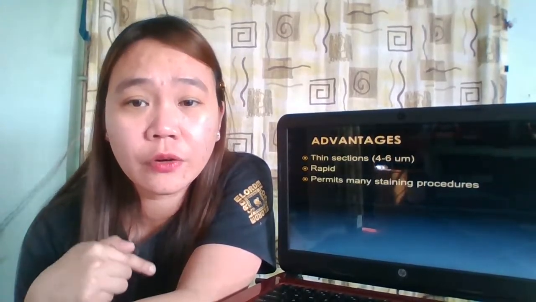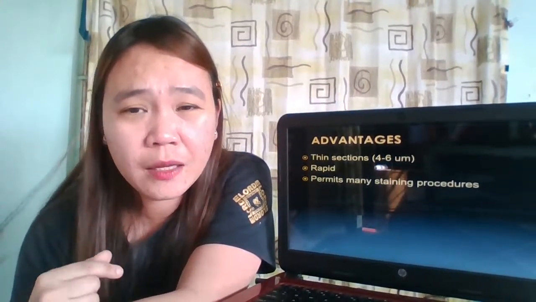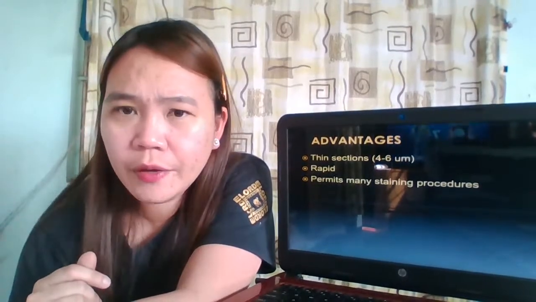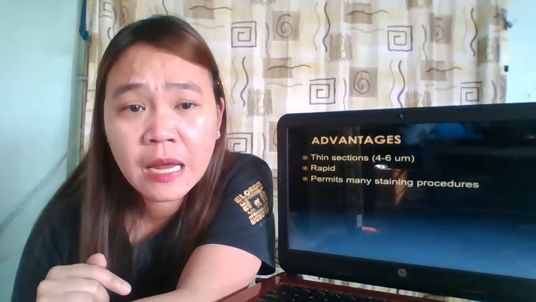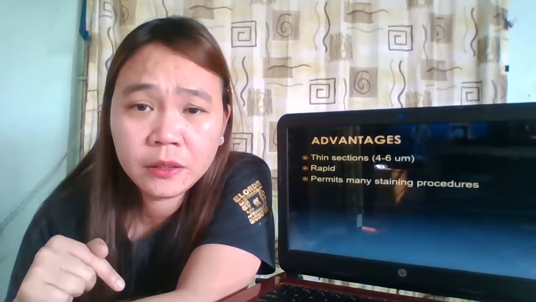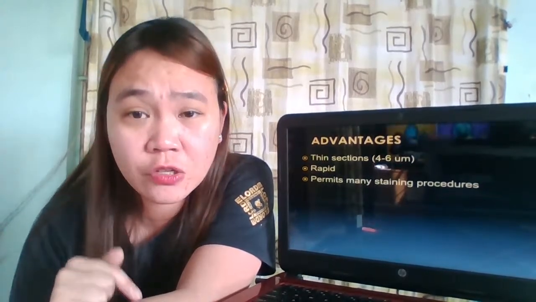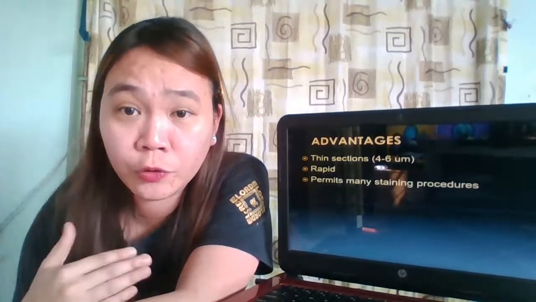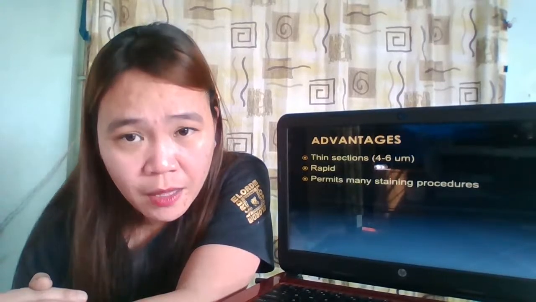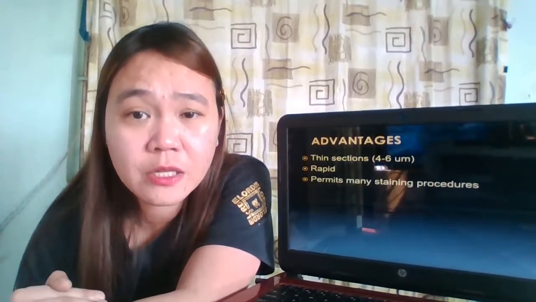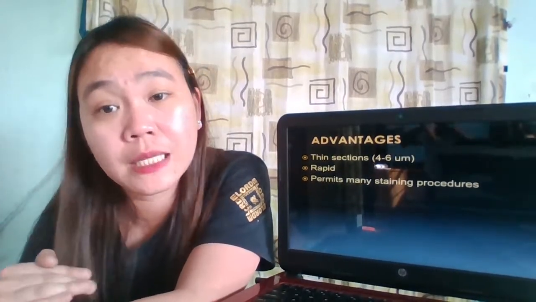This is also the reason why paraffin is routinely used, because it satisfies the required thickness or thinness of the section which you are to produce, which is 4 to 6 micrometers. I repeat, this is the required thickness of your section for routine histologic or histopathologic study.